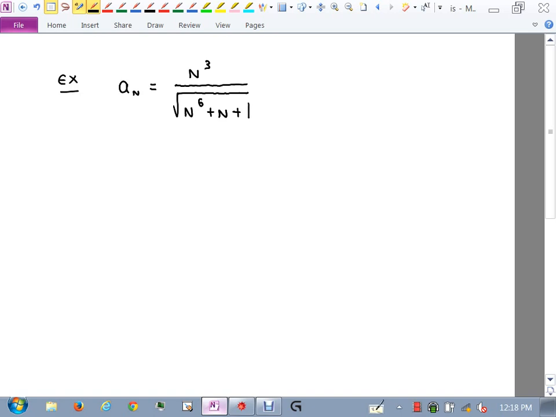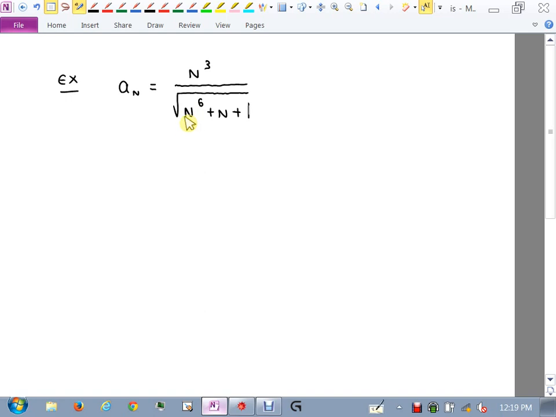So tell me where this goes as I take the limit as n goes to infinity. Where does the numerator go? Goes to infinity. Denominator? Infinity also. So infinity over infinity, you can try L'Hopital's rule, but does anybody feel like taking the derivative of the bottom? Not really, right? So whenever you have polynomials like this, what we usually try and do is wipe out the highest power that we see in the denominator.